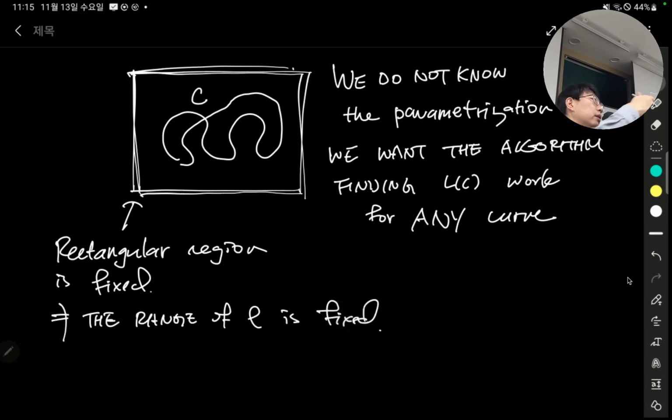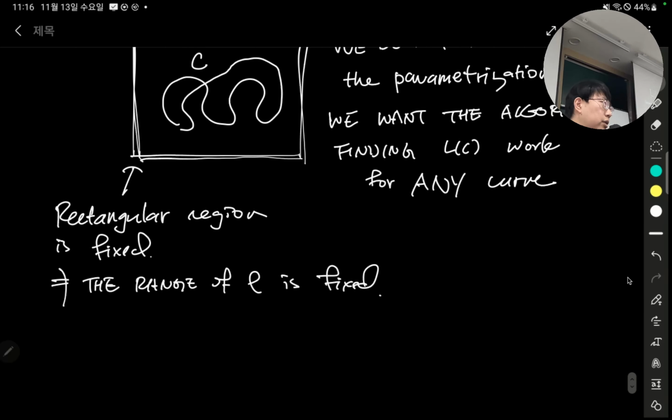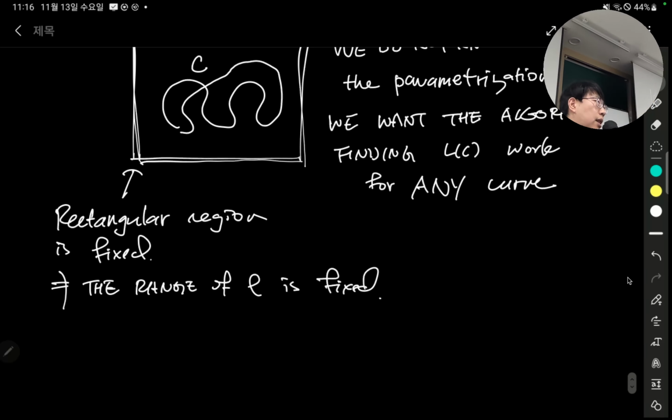But let's think in terms of delta rho. So all we are going to do is take all possible lines and count the number of intersections with each line, right?